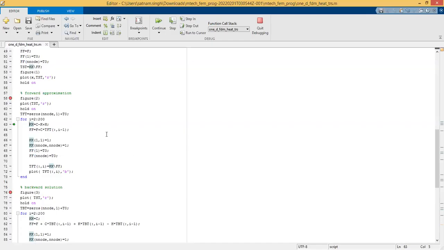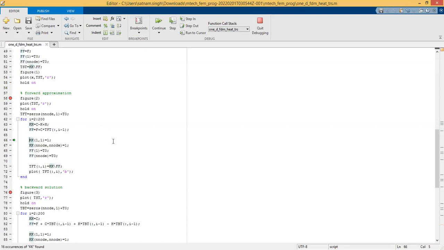In line number 63, I'm adding the specific heat C, thermal conductivity K, and the convective matrix H. Then in line number 64, I'm adding the force matrix, which has already been calculated previously, outside this loop. And the specific heat matrix is also being multiplied by the temperature for the I minus 1th term. Then I get the effective value of the force matrix.